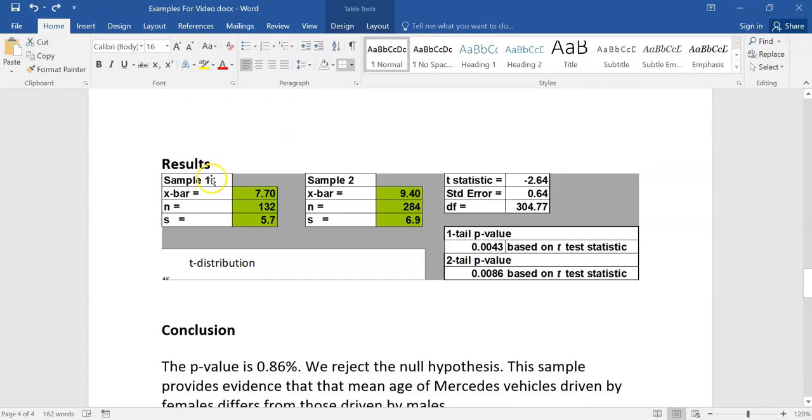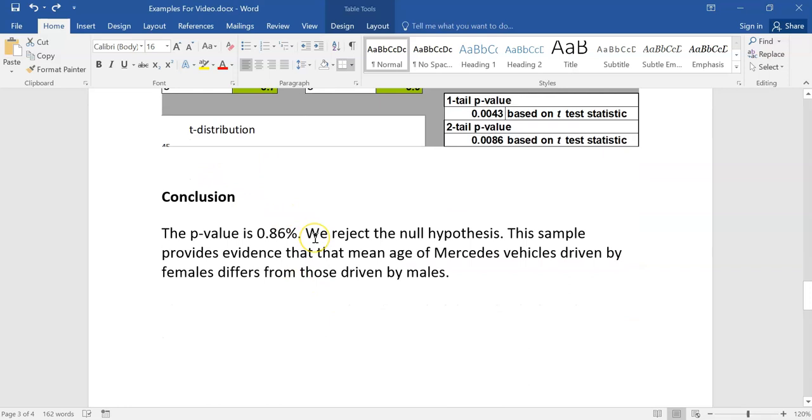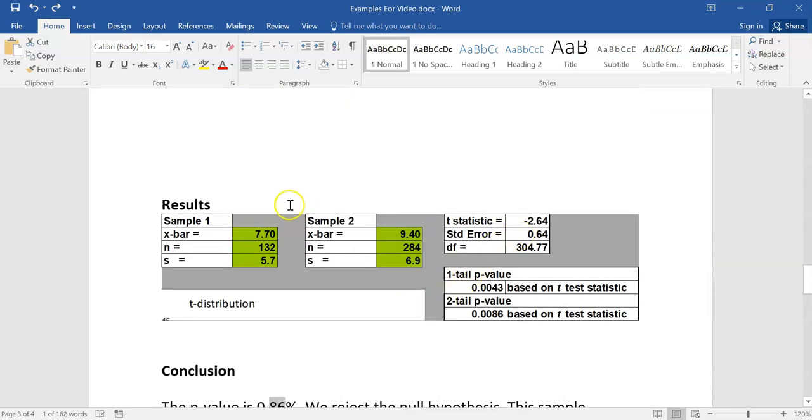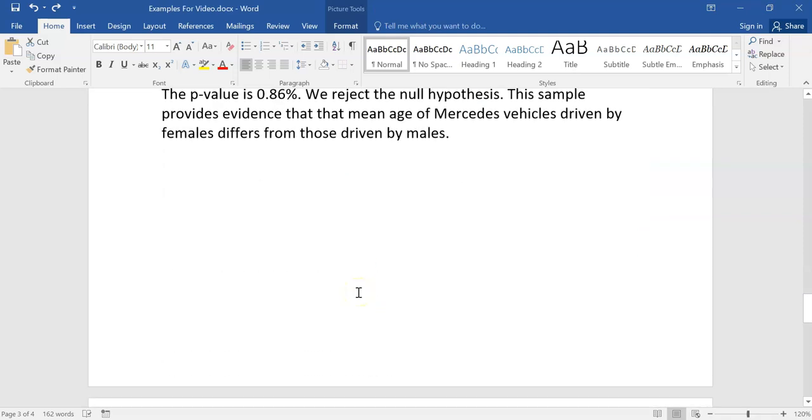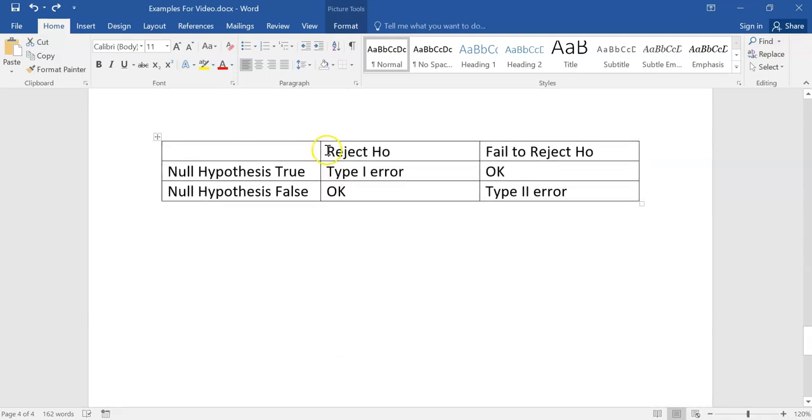For the second one, we did reject the null hypothesis. We said this is a really small chance, very small probability that if men and women getting pulled over in Mercedes were driving equally old vehicles, we would see guys driving vehicles that by a sample statistic looked that much older. Same thing though, now we're here. We did reject the null hypothesis.